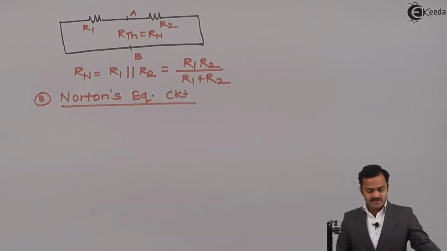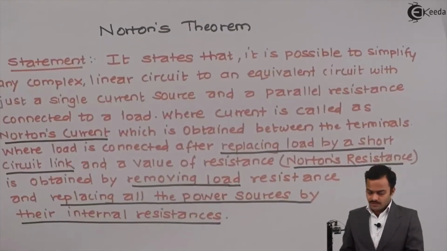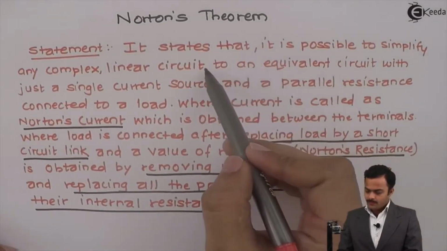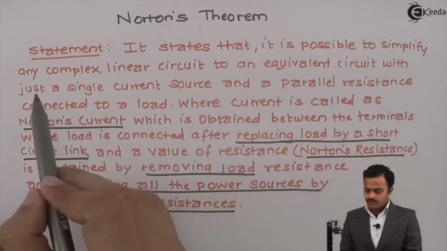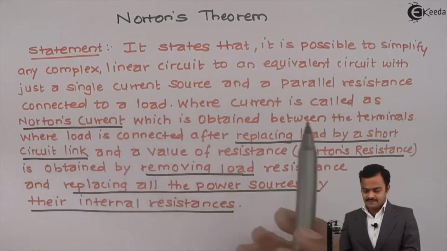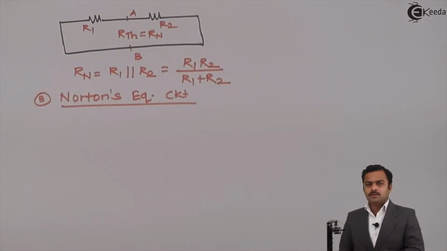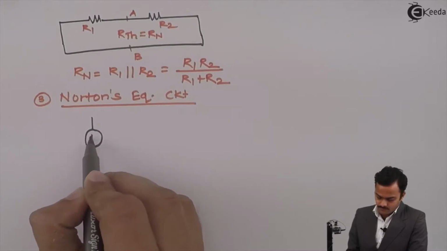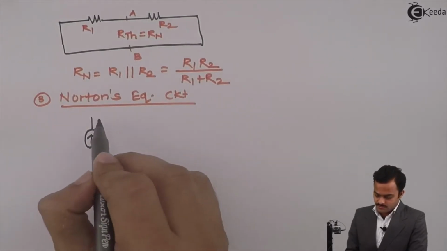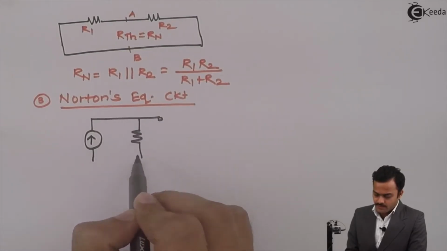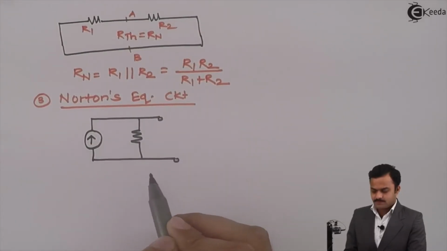Let's go back to the theorem once again. What it's saying: you can replace the circuit by an equivalent circuit with just a single current source and a parallel resistance. So the Norton's equivalent circuit will be like this: a current source with which we are having a parallel resistance.